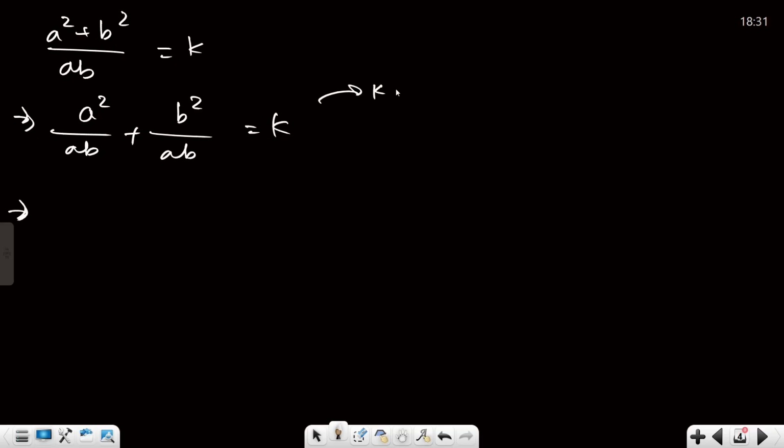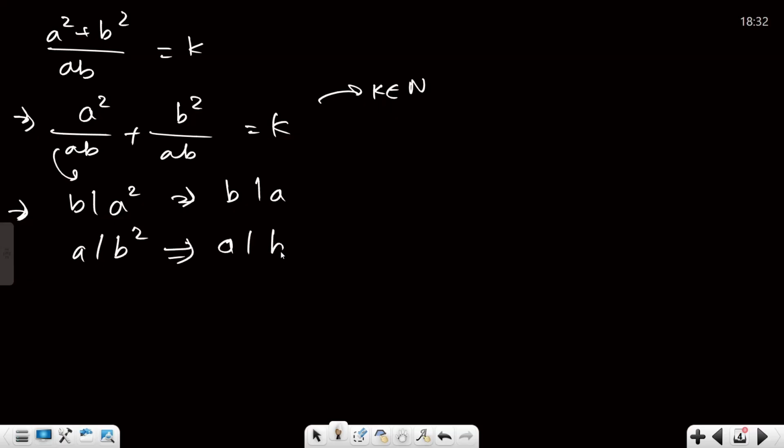And now since k is a natural number, these terms must be perfectly divisible, which means they should leave no remainder after division. So that just means that b divides a squared, which implies that b divides a, and a divides b squared, which again implies that a divides b.